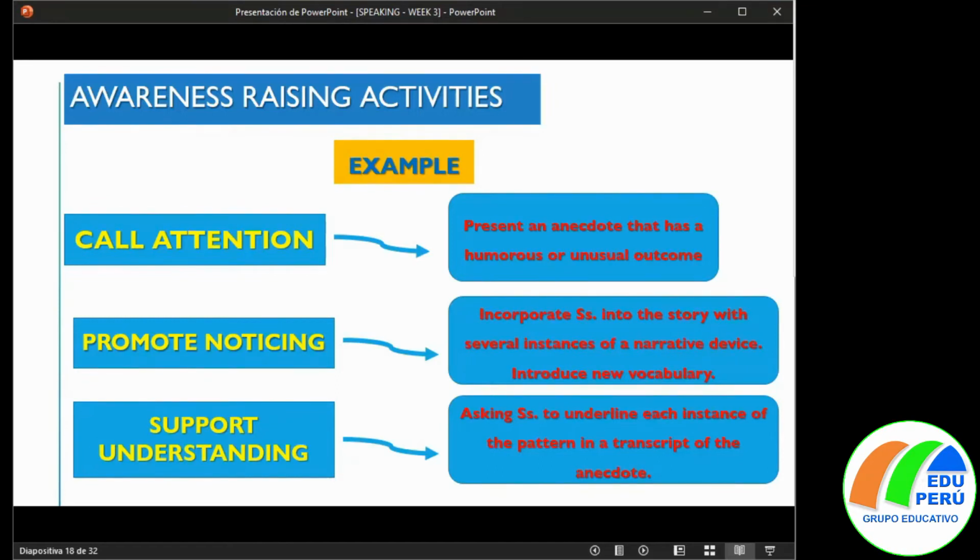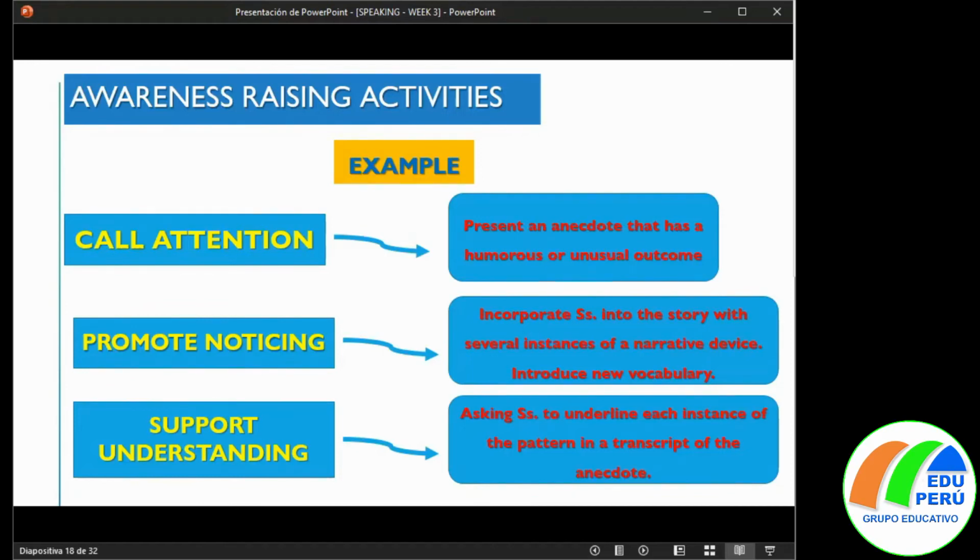Notice, here we have these processes in the awareness to make your students be conscious of some situations, some aspects of the language that they are going to use to talk.